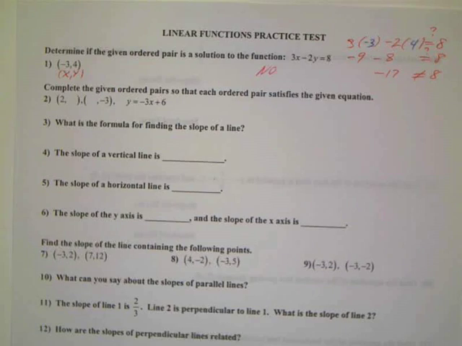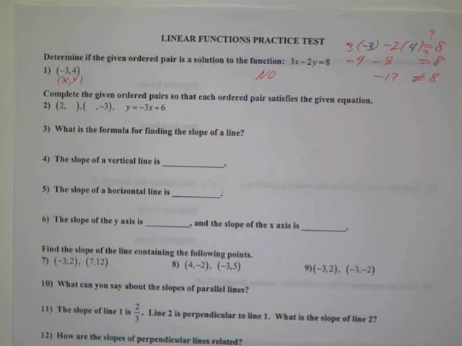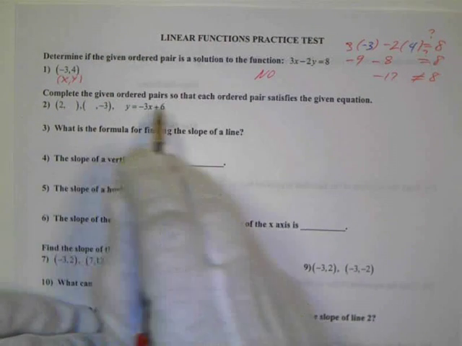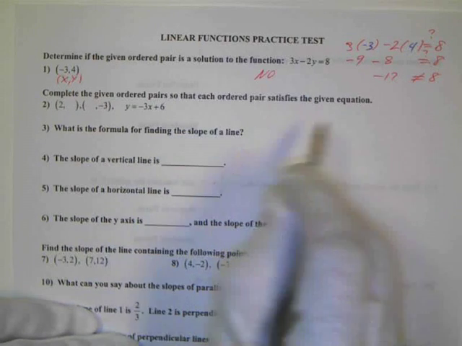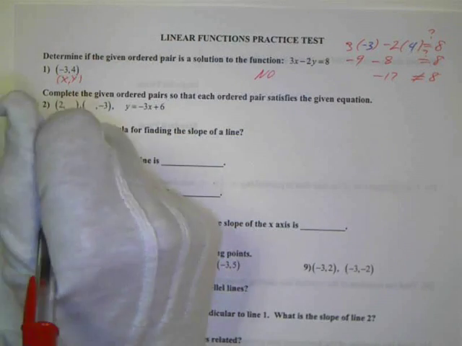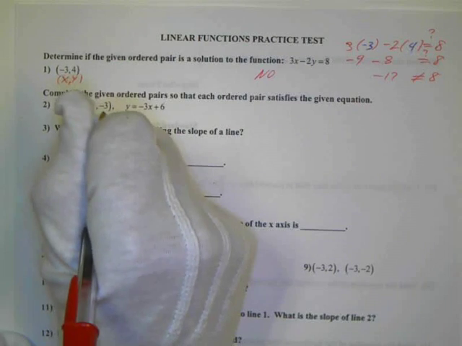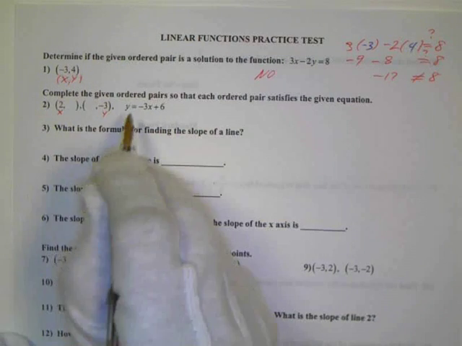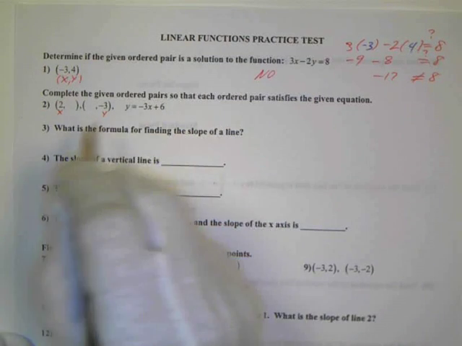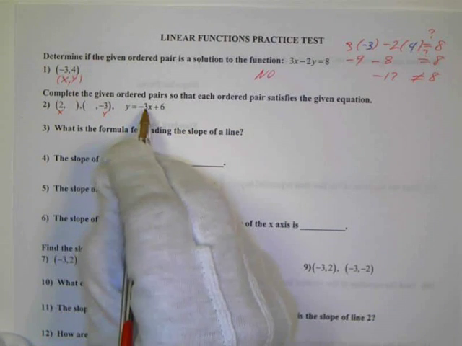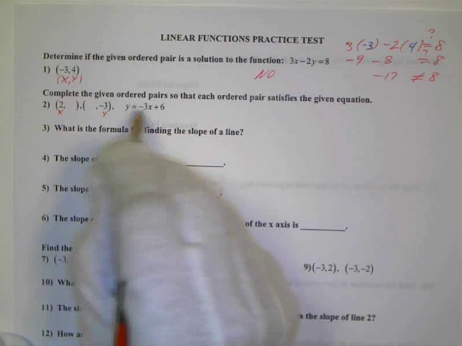Okay. Complete the given ordered pairs so that each ordered pair satisfies the given equation. So this is x again, and this is y. So let's just put x in here. Let's put 2 in and see what we get for y, because this tells us what y is if we know what x is, and we can go the opposite. If we know what x is, we can find out what y is.